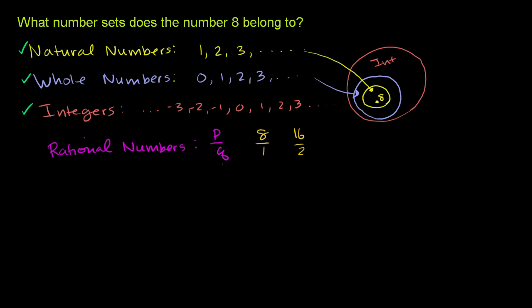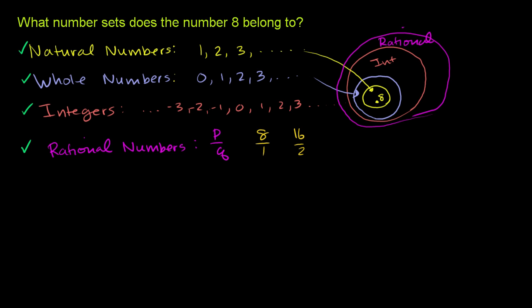You can express it as a bunch of p's over q's, where both the p and the q are integers. So it's definitely a rational number. And in fact, all of these things over here are rational numbers. So this is all a subset of rational numbers. So 8 is definitely a member of that as well. Let me put the check box over here.